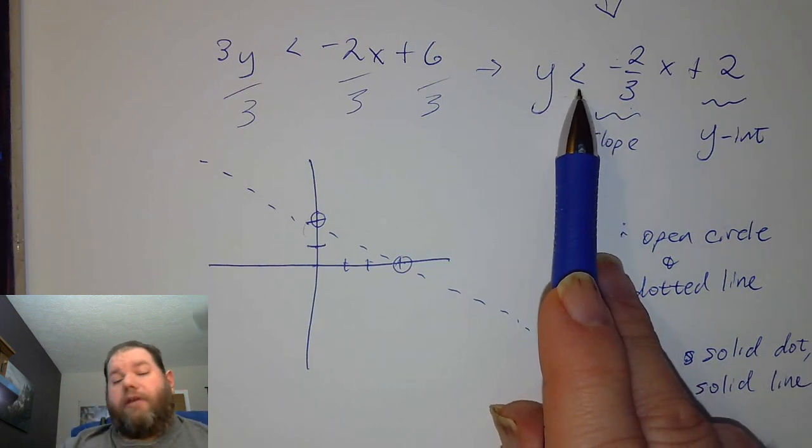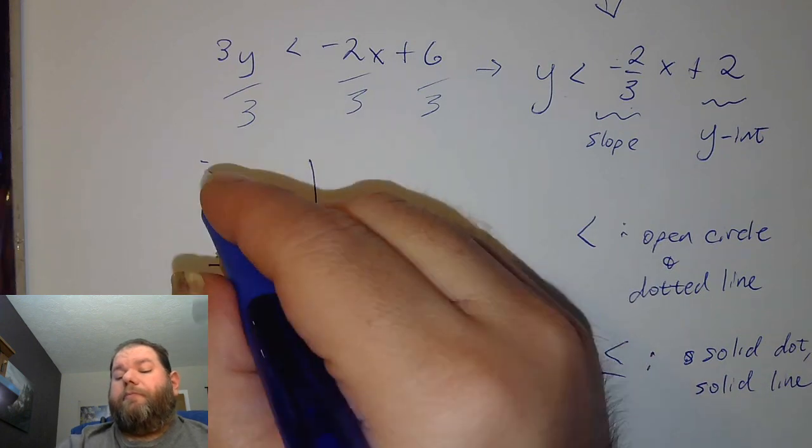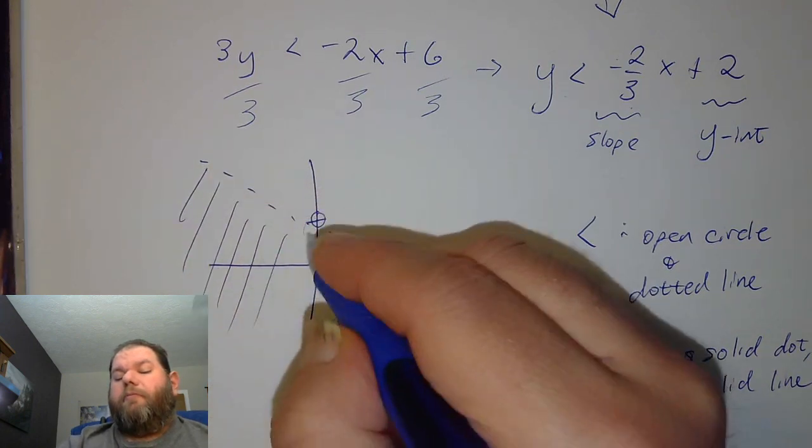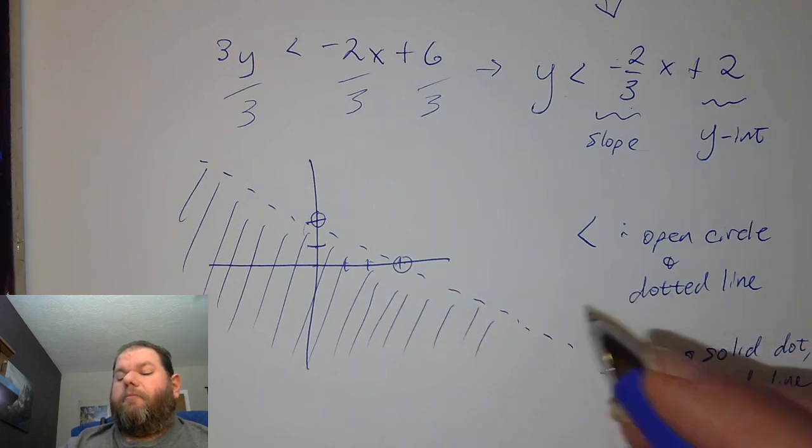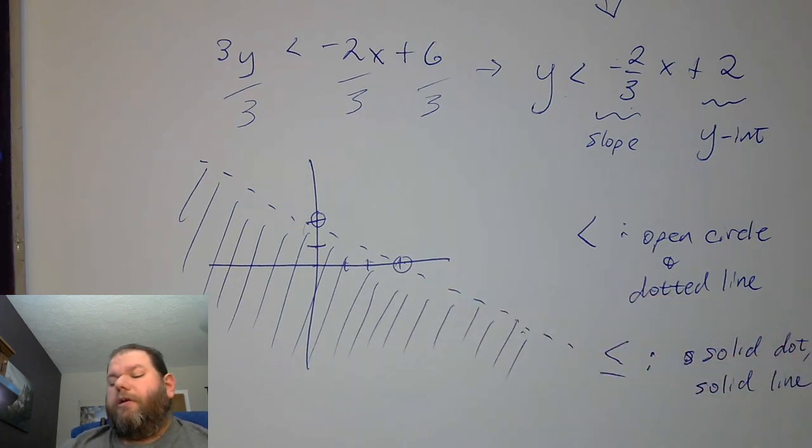If it's less than, it would be below, right? Yeah, since it was less than, we shaded below. If it had been greater than, we'd shade above instead.